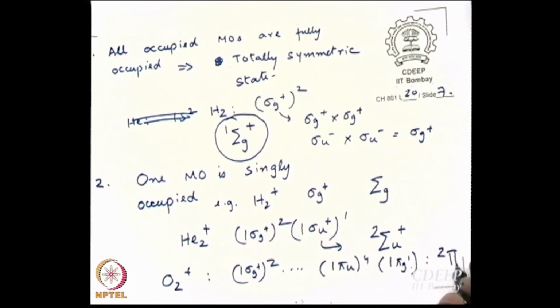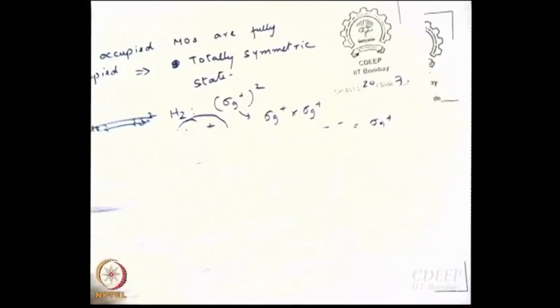Doublet pi g. Do not say 2 pi g, say doublet pi g. A lot of people say that, but it is wrong. Doublet pi g, do not forget. And this pi is capital pi. When you talk about states, it is capital. Okay. Moving on. And now, once you know these two, you can figure out the rest, to be honest. So now I am only going to propose the problem, you tell me the answer.